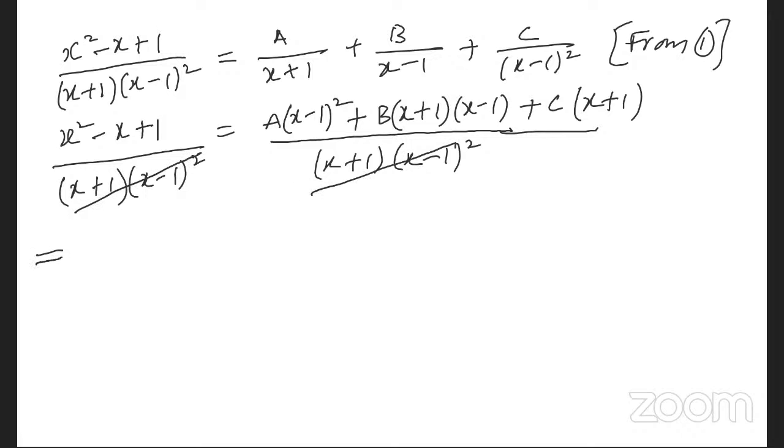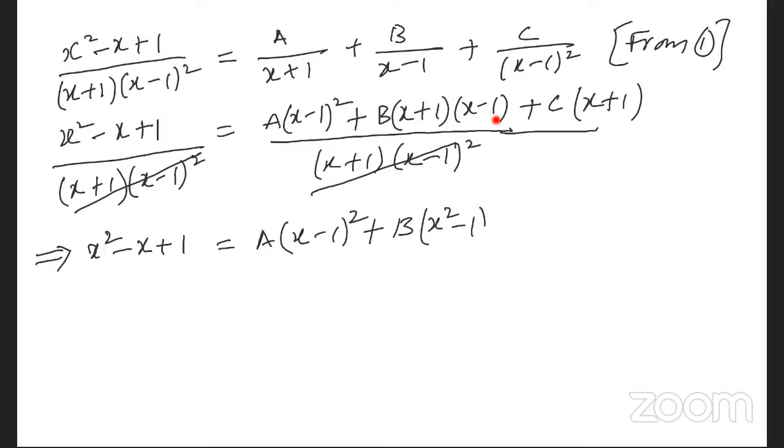And what is left? x square minus x plus 1 is equal to a into x minus 1 whole square on the numerator plus b into, what is this? a plus b into a minus b is a square minus b square. You can apply that formula. So it will become x square minus 1, b into x square minus 1 plus c into x plus 1. We'll write this as equation 2.